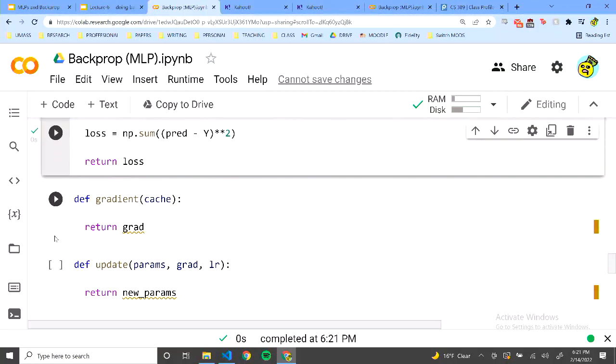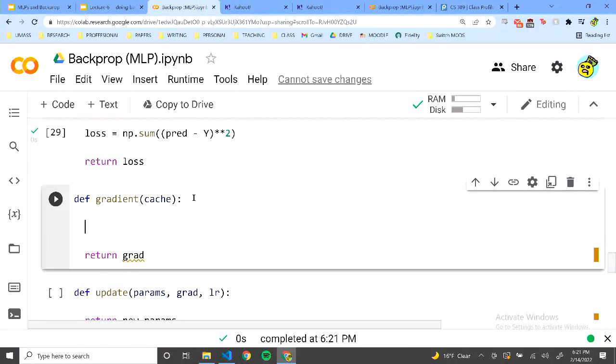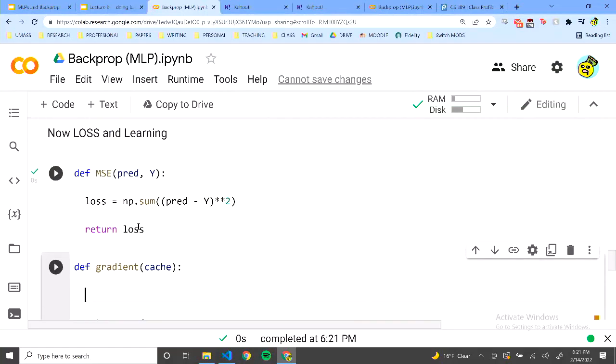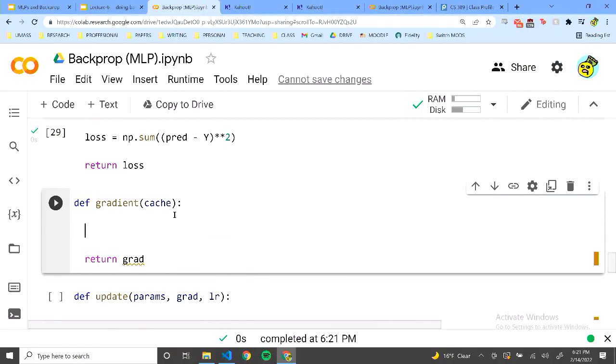And now we actually want to find the gradient. So we have a cache, right? Actually I need a couple other things in cache. Whoops. So I need the x, and I also need the... For MSE, we can use the mean.